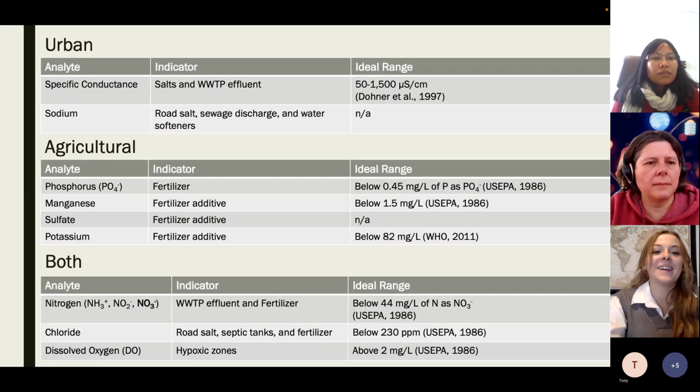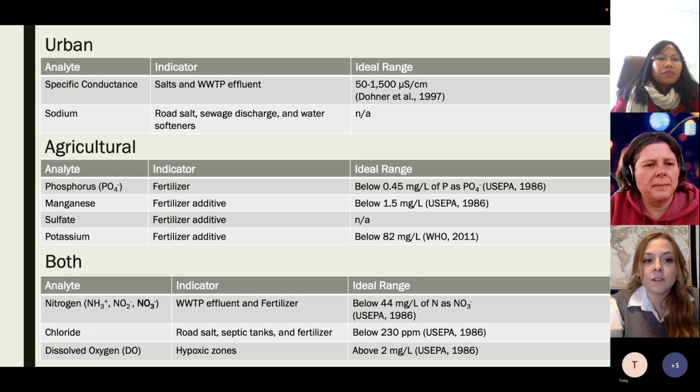A little more specifically, for our urban areas, we're looking at specific conductance as an indicator of salts and wastewater effluent, and sodium as a source of road salt, sewage discharge, and water softeners. For our agricultural indicators, we're looking for phosphorus as an indicator of fertilizer, as well as trying to source potential fertilizers with their additives like manganese, sulfate, and potassium.